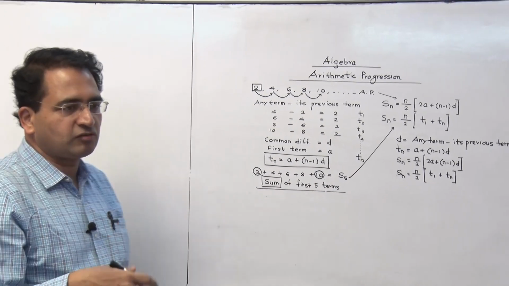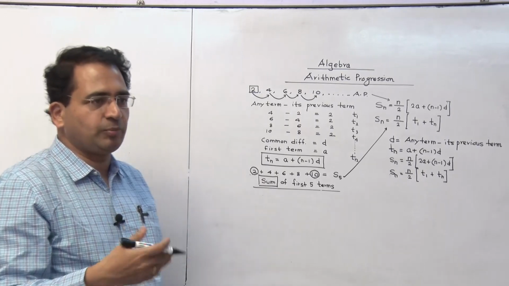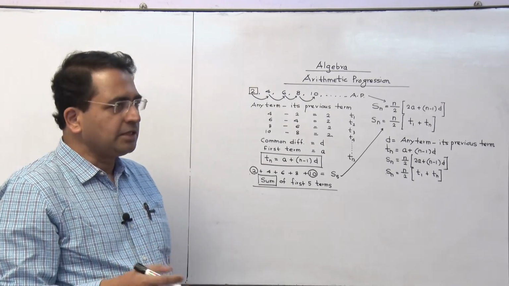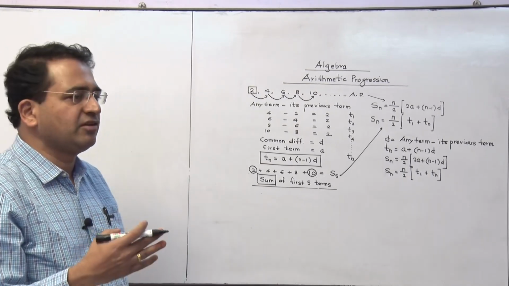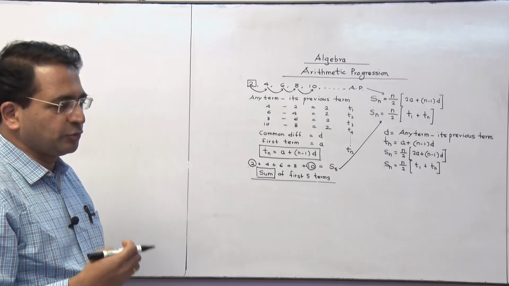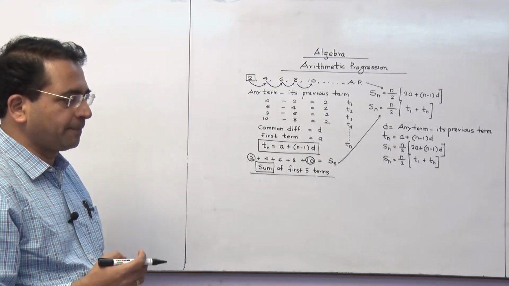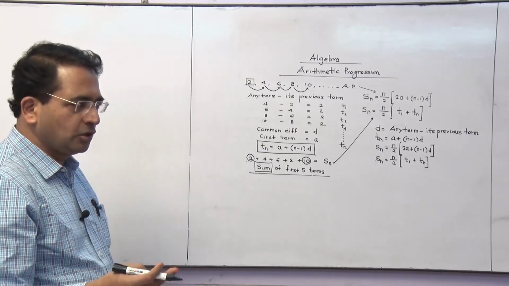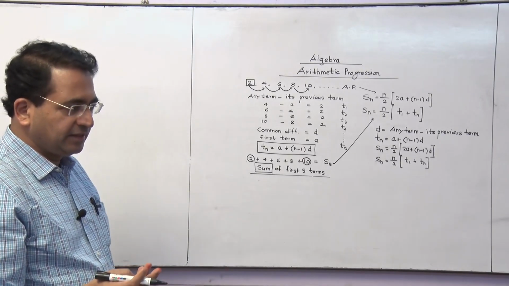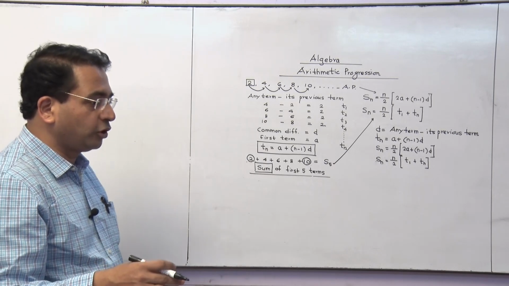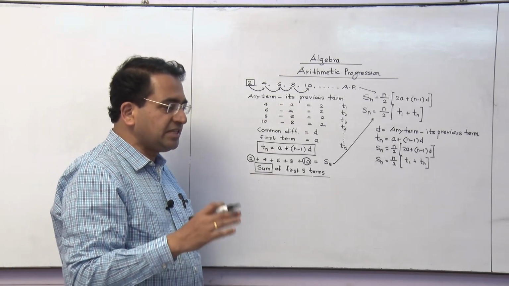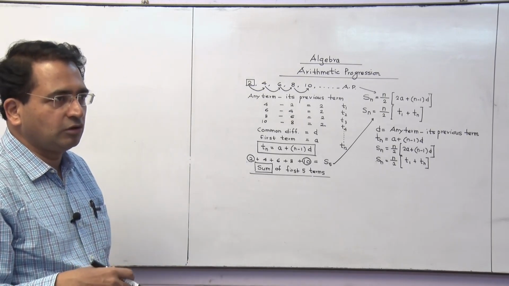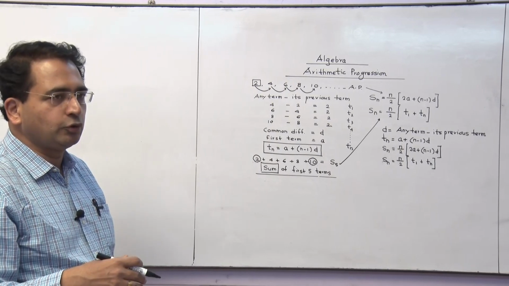Now we'll solve some typical questions which you expect in the exam based on these formulae only. Here we have to be very careful about the language which they use. Suppose they are considering numbers like the first 10 even numbers or odd numbers, then definitely they are from an AP, because the even numbers sequence is increasing by 2. Same thing is with odd numbers also. Is that clear to you?